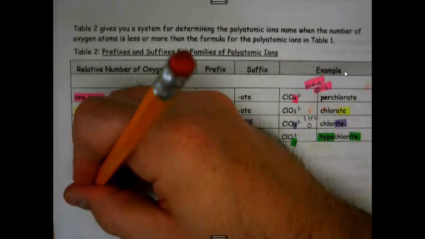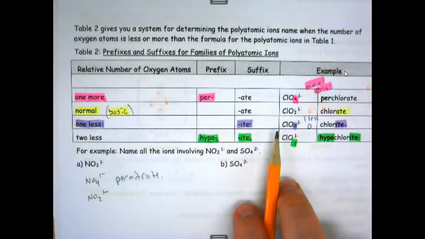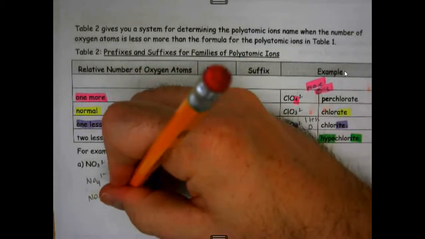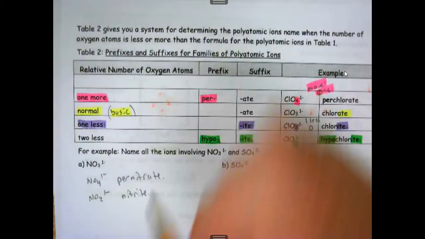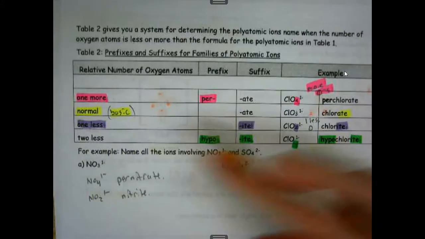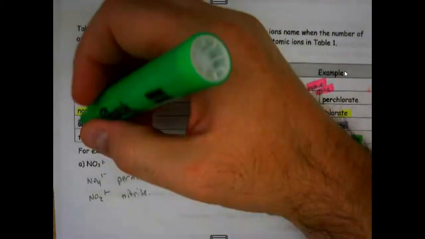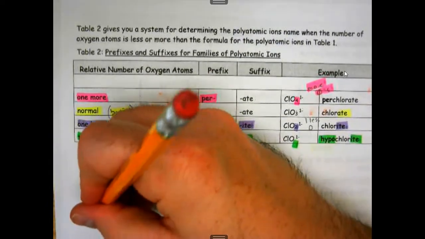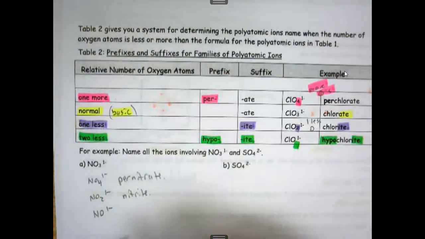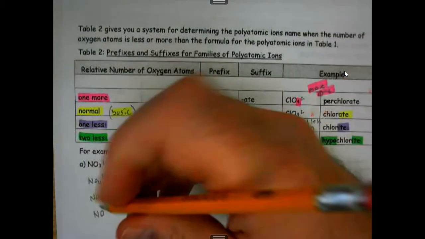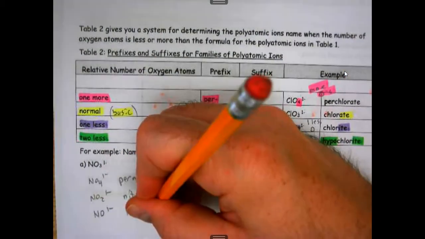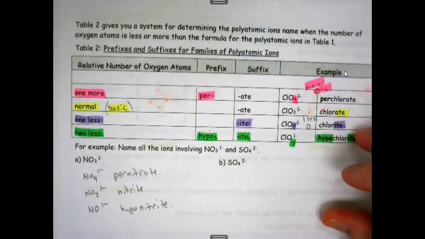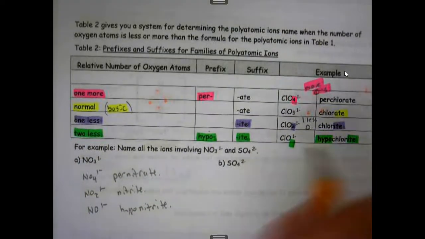They can also have NO2, which would be one less, so that's my "ite", so this would be nitrite. And then I'm going to go two less with NO, and since this would be two less, I would use the "hypo-ite", so this would be hyponitrite.